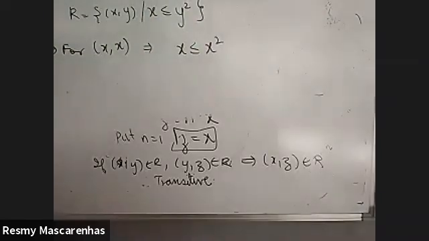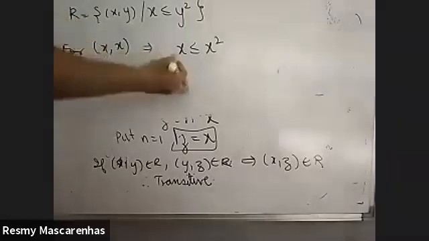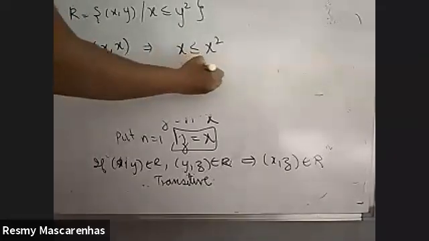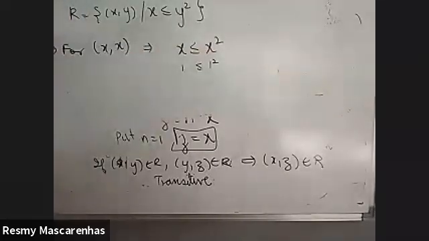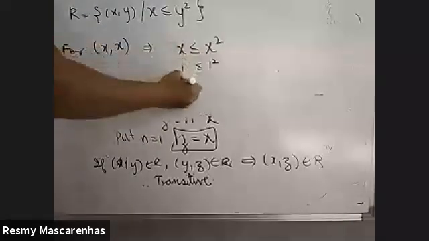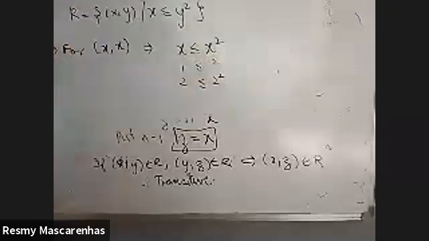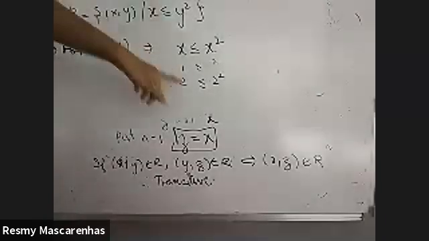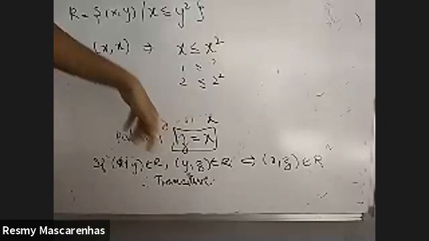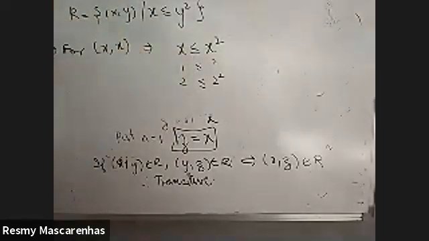Now just try to put any numbers and see if it is holding true. We'll start with 1. If you put 1, 1 is less than or equal to 1 square. Then if you put 2, 2 is less than 2 square. If you try to put all the natural numbers, what is happening? It is holding true.